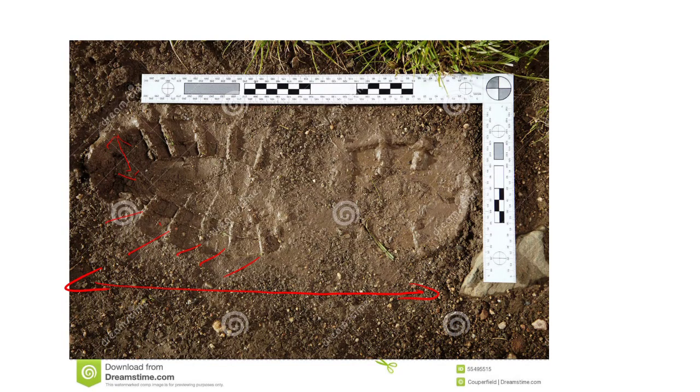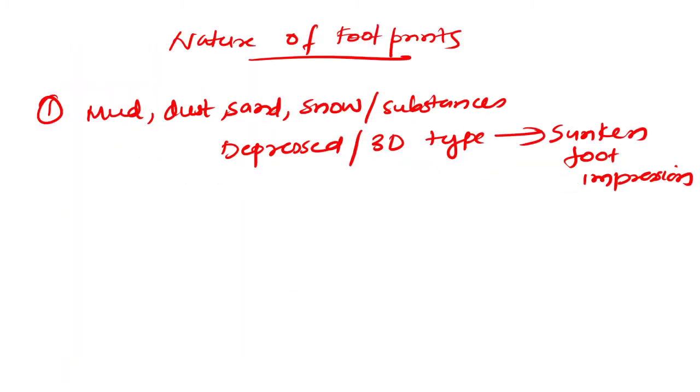This is a sunken foot impression because this is caused in mud. Here the length of the footwear can be found out, the width of the footwear, and the depth of the footwear also we can identify, so this is a 3D footwear impression, so this is called a sunken footwear impression.